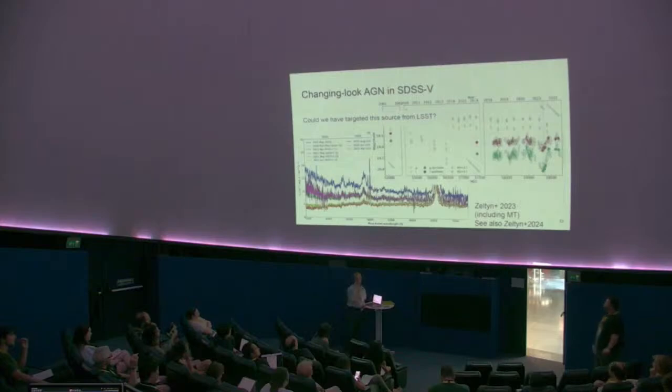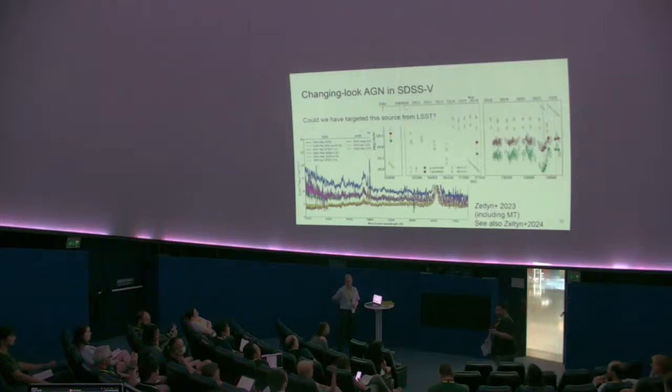There was a paper from the Dark Energy Spectroscopic Instrument, DESI, where they put the refereed version on the archive, claiming to have 100 and something changing-look AGN, and by the time it had been refereed, that number was significantly lower because the referee told them to look at the light curves. So this is definitely a problem. I think the community is becoming more aware of it, but you're right, we should definitely be thinking about it. There are always instrumental effects, especially when you've got different observations and telescopes.